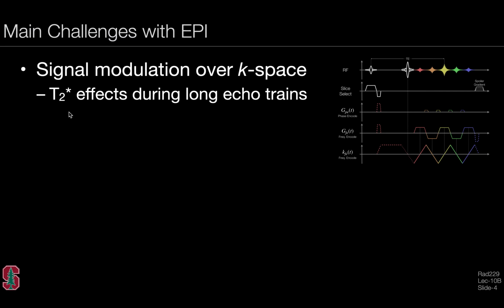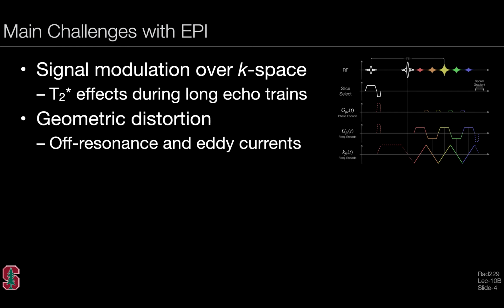The T2 star decay effects during these long echo trains lead to a modulation of the echo amplitudes as you're filling K-space. You can also have the effects of geometric distortion, which arises from off-resonance sources and also potentially from eddy currents. And these fields will be described further in some of the subsequent slides.